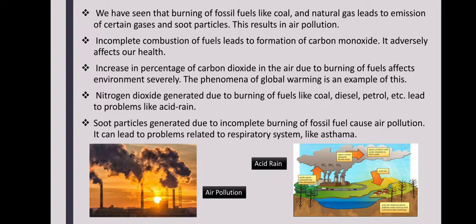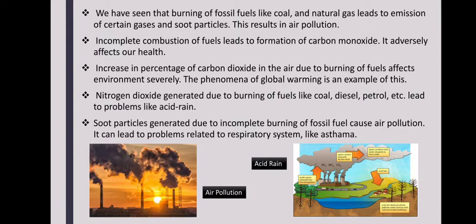So we have seen that burning of fossil fuels like coal and natural gas leads to emission of certain gases and soot particles. This results in air pollution. Also, incomplete combustion of fuels leads to formation of carbon monoxide, which is a very harmful gas, right? It adversely affects our health. Increase in percentage of carbon dioxide in the air due to burning of fuels affects the environment severely.